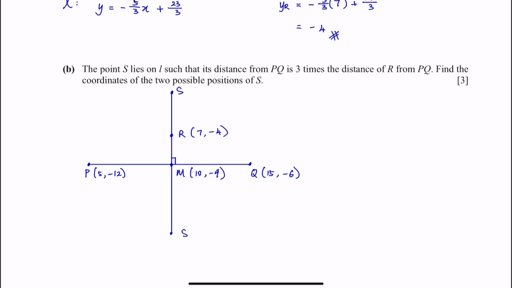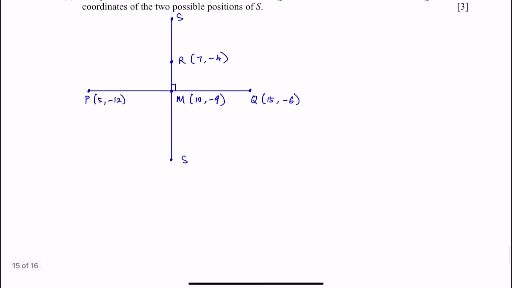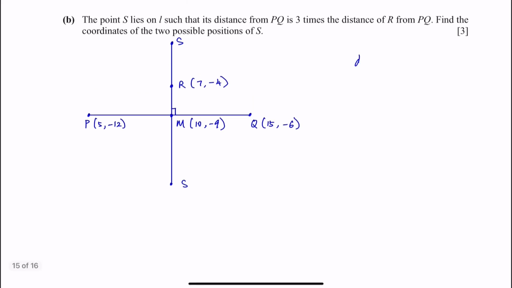So, okay, distance of S is equal to 3 times the distance of R, and distance of R is just distance of RM, which is the square root of (7 minus 10) squared plus (-4 minus -9) squared.